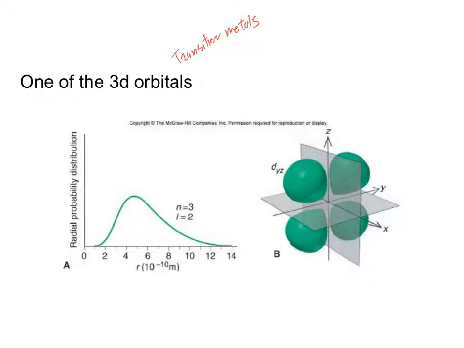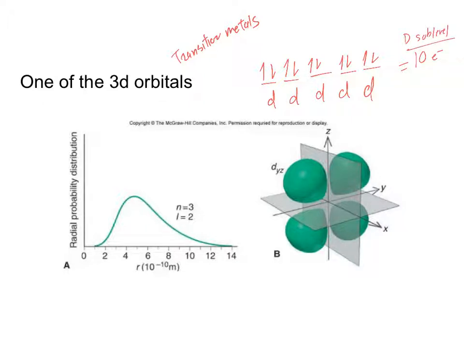If I were to draw it out on the board in an orbital diagram, I would have d, d, d, d, d, and arrow up, arrow up, arrow up, arrow up, arrow up, arrow down, down, down, down, down. So the d sublevel can hold 10 electrons, but each d orbital can hold 2 electrons.